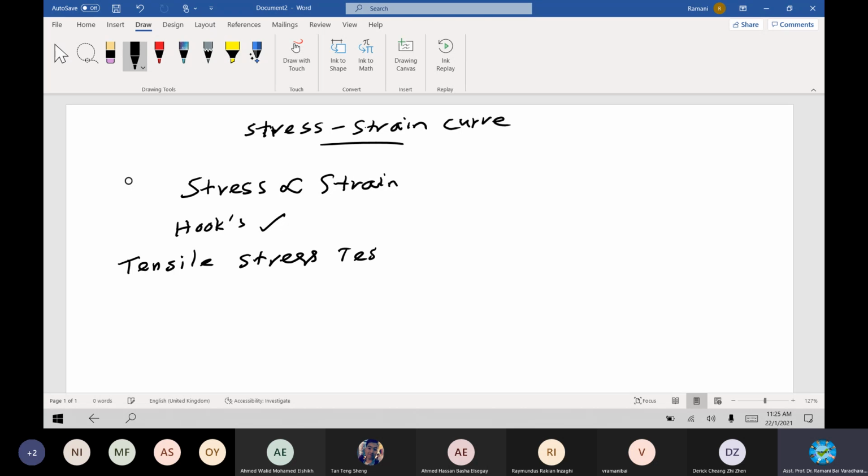Okay, tensile stress test. You can also call it strength or test. Tensile stress test or strength. Better I use strength. Tensile strength. I'm checking a tensile strength of a material. How much is the tensile strength of the material? Right?